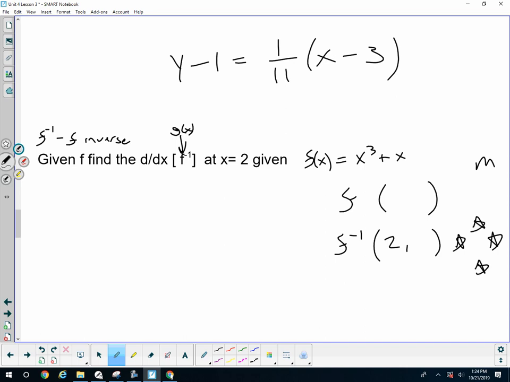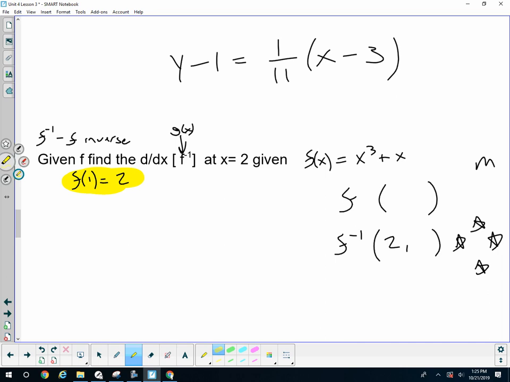And I will tell you, f of 1 is 2. This will just be given to you. So write that down. Check your answer with the neighbor. Two is the x coordinate of g that we're trying to find.